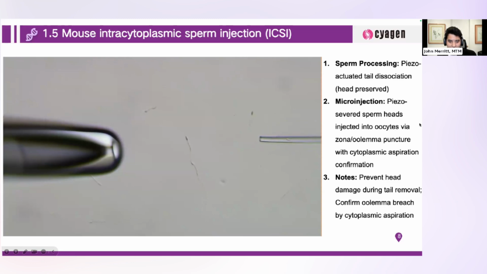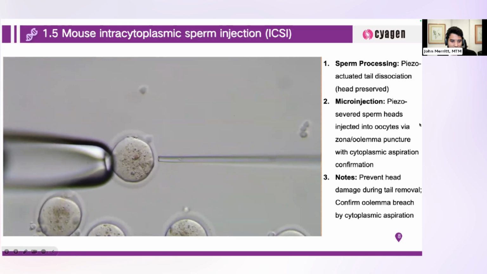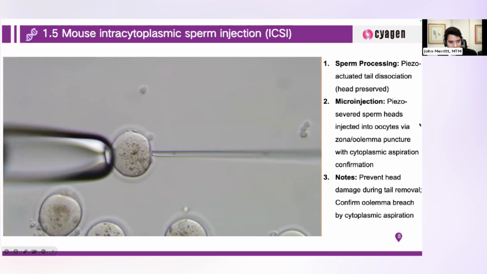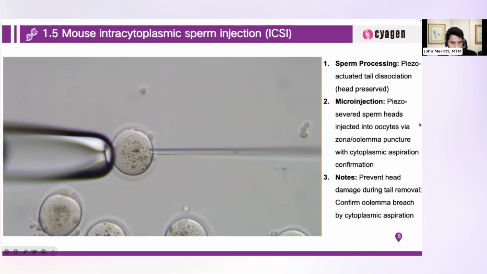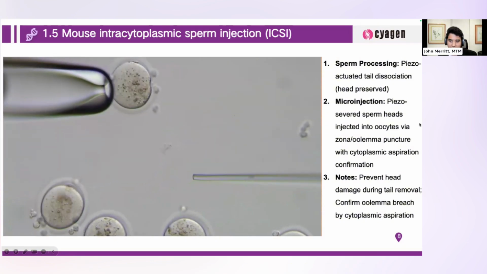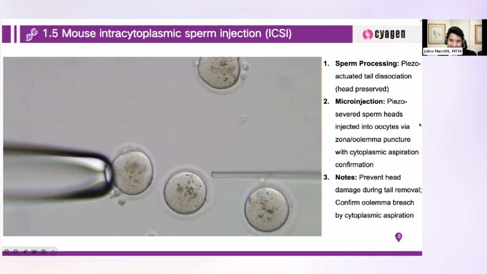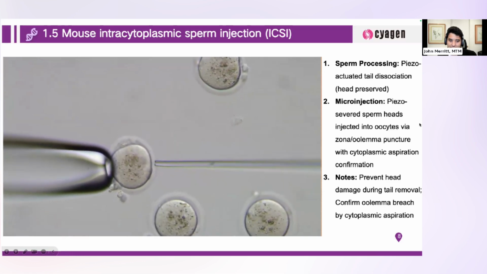So that's getting the sperm, and here it is, injecting into the egg. Going through the egg wall into the cytoplasmic region, injecting one sperm, and then we aspirate a little bit of the cytoplasmic region out just to confirm that we indeed injected the sperm into the cytoplasm.